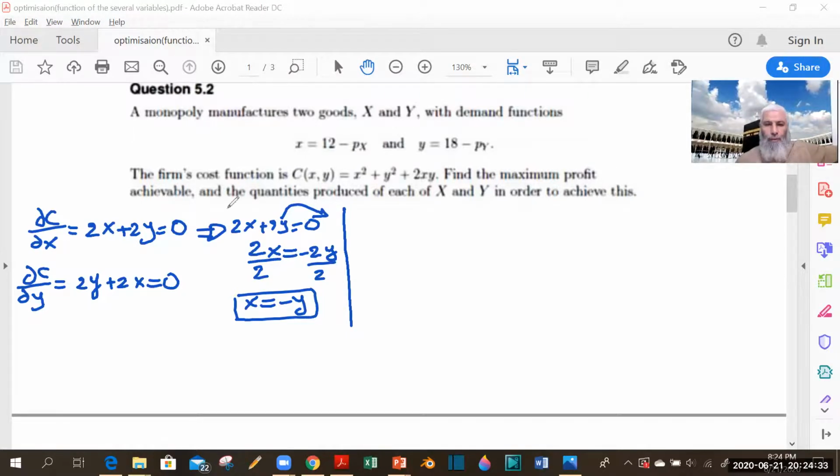We need to find the second derivative, but we didn't get there now. I don't know what P of X is. X equals 12 minus PX. X is the production of X, and this is the production of Y.